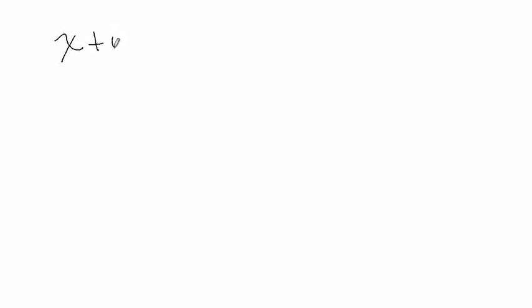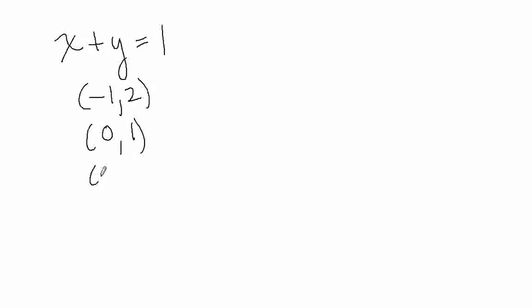X plus y equals 1. All right, so you probably know how to find several solutions to this linear equation. Here's an example: minus 1 comma 2, 0 comma 1, 1 comma 0, 2 comma minus 1, and so forth.